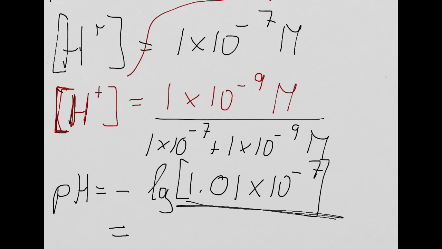What's that? 6.99, something like that. 996, you said. Is that below 7 or above 7? It is below 7. Yee-hee!